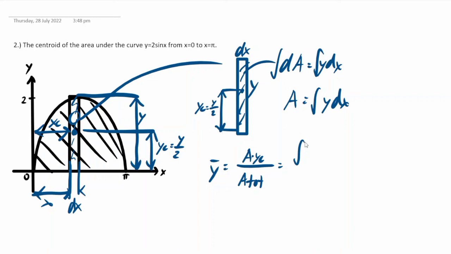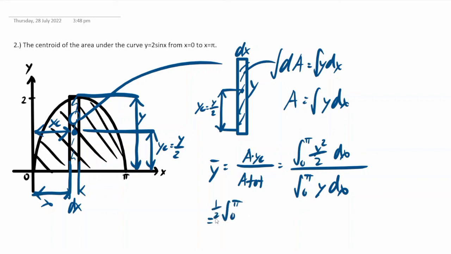So if you multiply y and y over 2, that is y squared over 2. And our limits are from 0 to pi, as you can see from the graph here. And don't forget the dx, all over the A total, that is y dx. Now let's plug in the y.